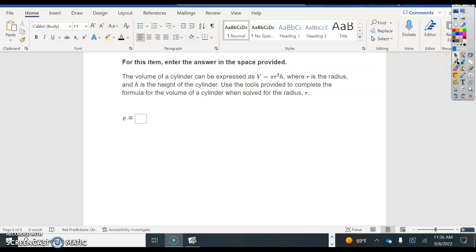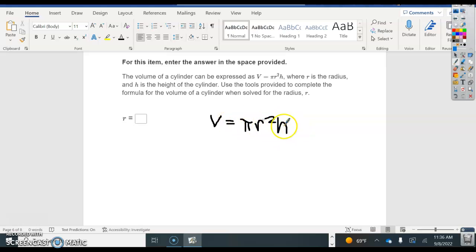And my stylus pen is not working, so I'm going to try to use the mouse here. So I hope you can read this, but V equals pi r squared h.